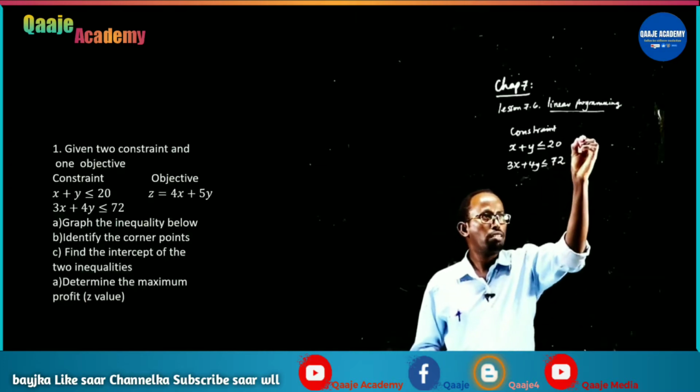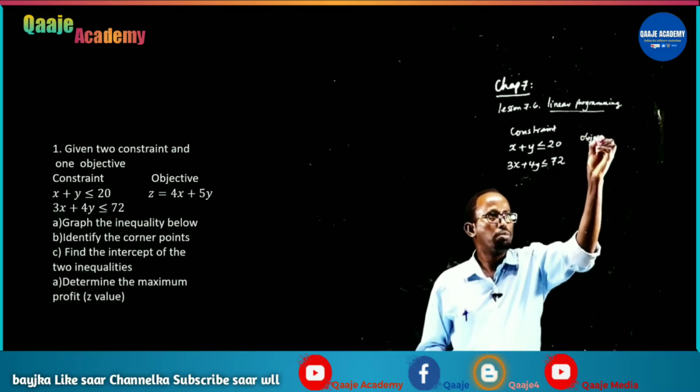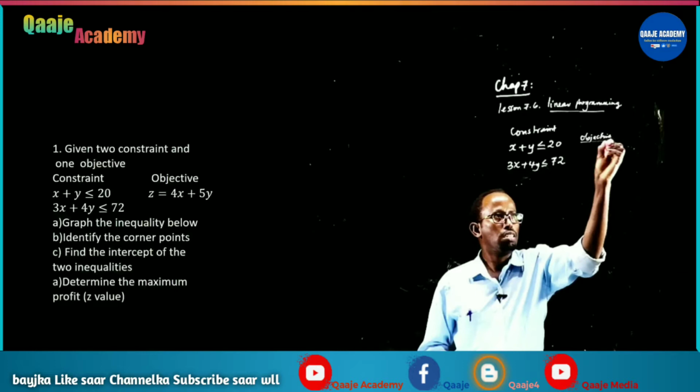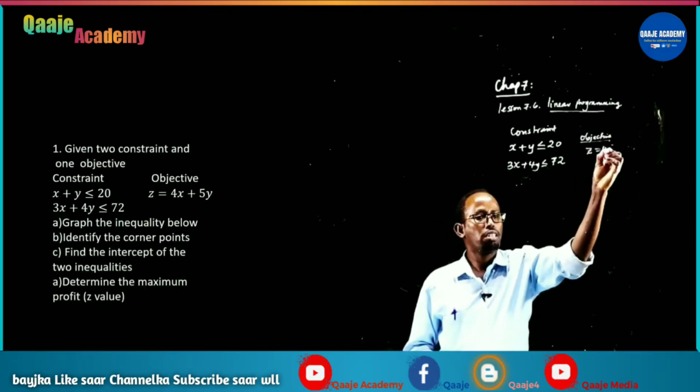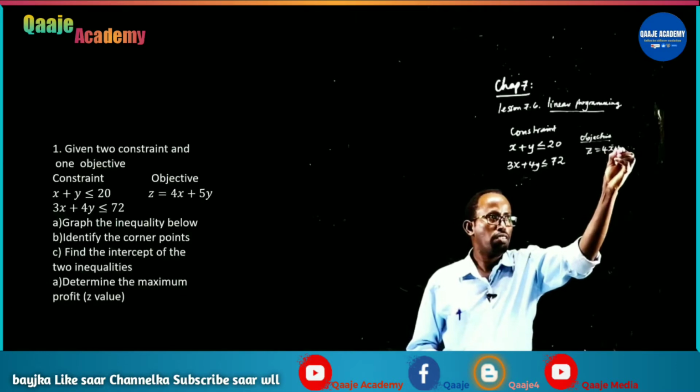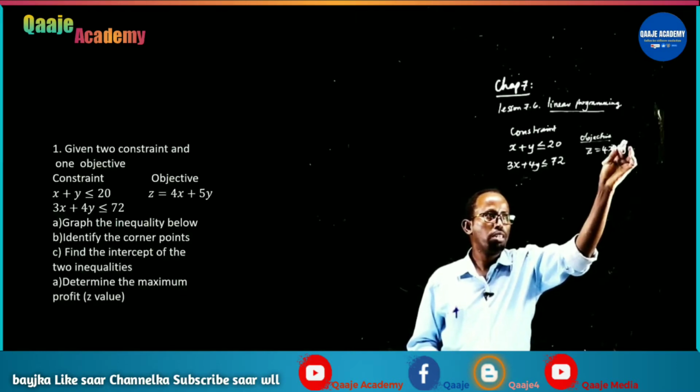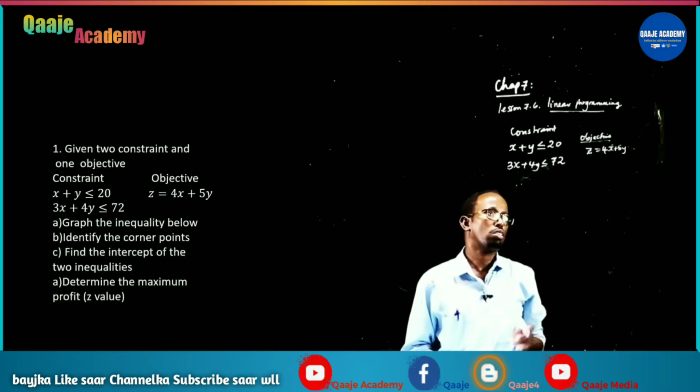And then the objective is z is equal to 4x plus 5y. Always in the objective, we have three unknowns.